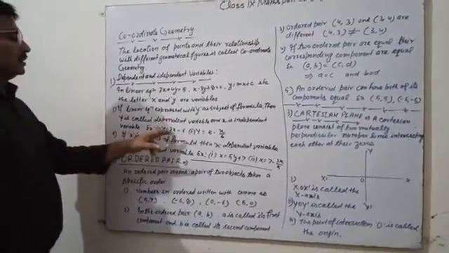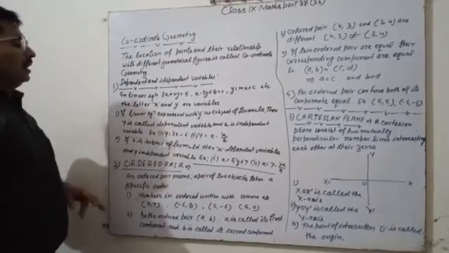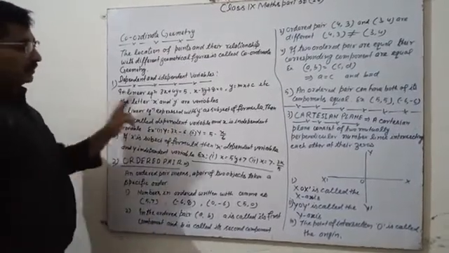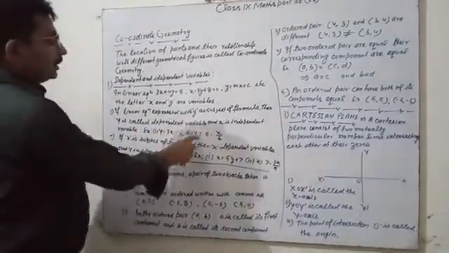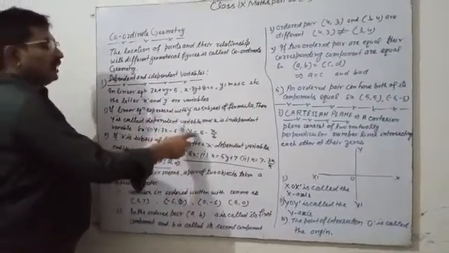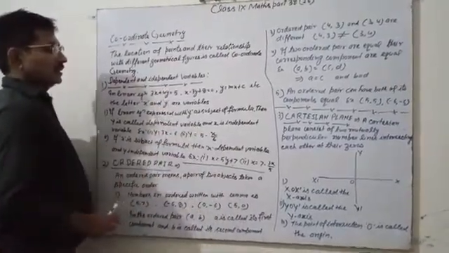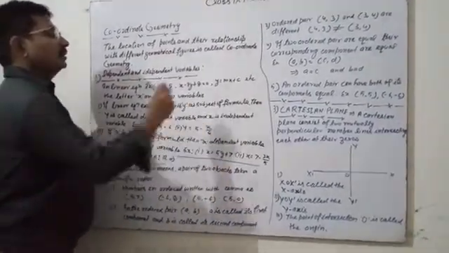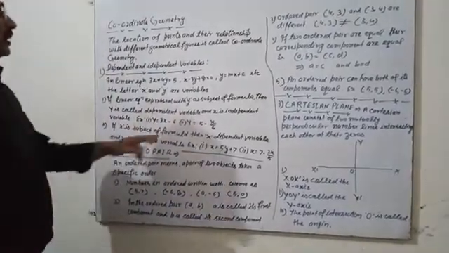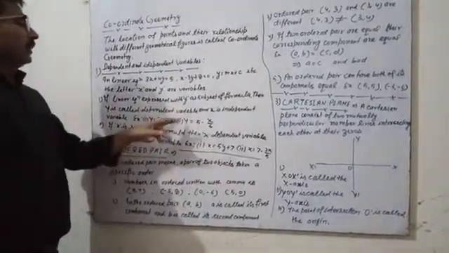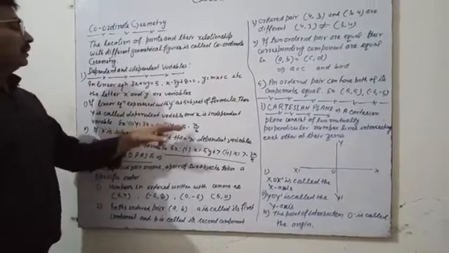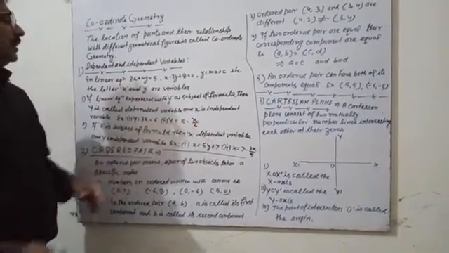In 3x minus 6, x is the independent variable. Similarly, y equal to 5 minus x by 6, y is the subject of the formula, so it is a dependent variable and x is an independent variable.